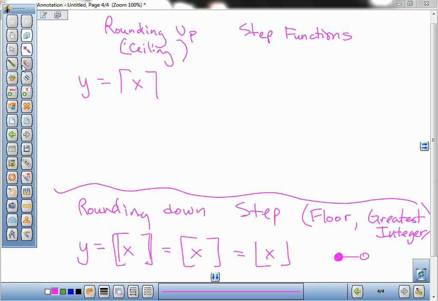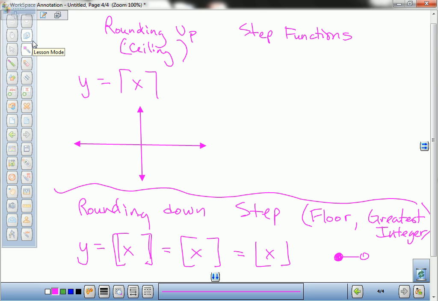All right, so let's take a look at what this one will look like. Guys, this one is the one that makes sense, because a lot of times when they charge us money, they round stuff up. If you hire a plumber to come to your house, they'll round their time up to the next hour.